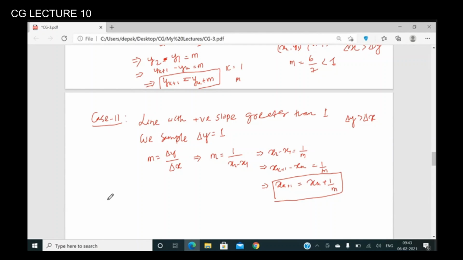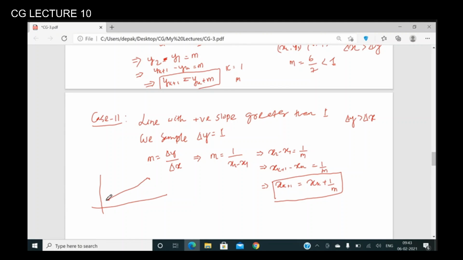whose starting point, right? Let's say this is the line in a coordinate system. So there are two end points, right? We call this one the start end point.